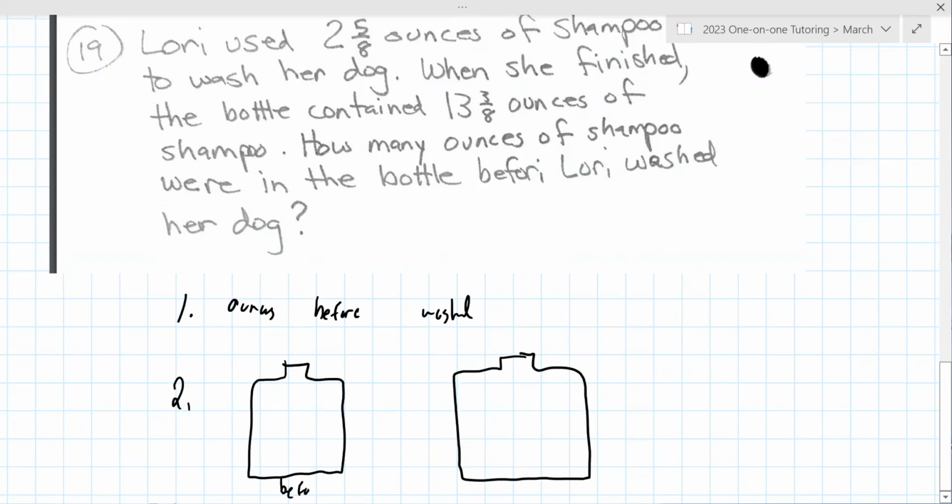The after is that there is 13 3/8, and she used 2 5/8. So we have to figure out how much was in there before. Does that look good to you? Yeah.